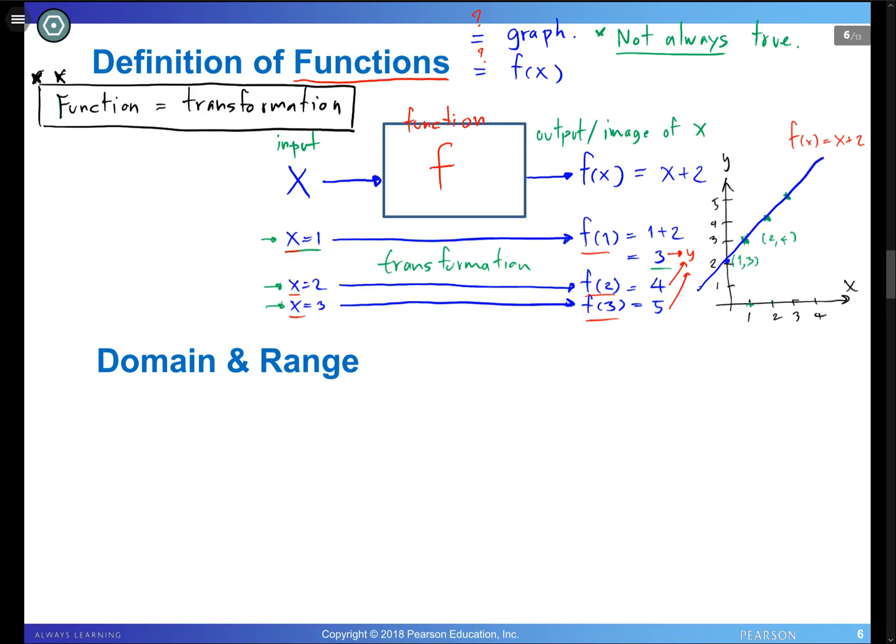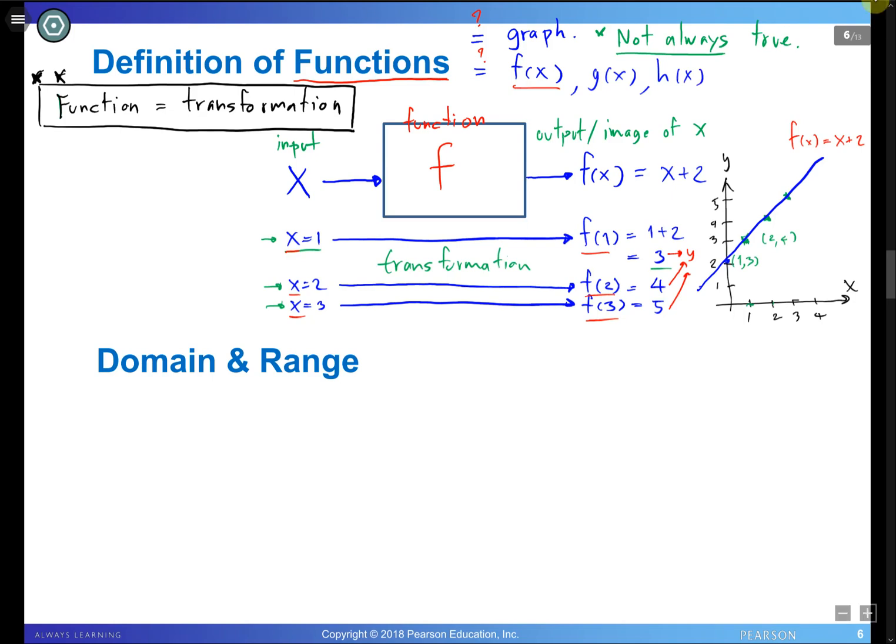Now, what about functions not always equal to f(x)? Well, when it comes to the name of the function, you can name it anything you want. It doesn't have to be f. It can be g if you want. Alright, it can be h. It can be anything else. Alpha, beta, that's up to you.